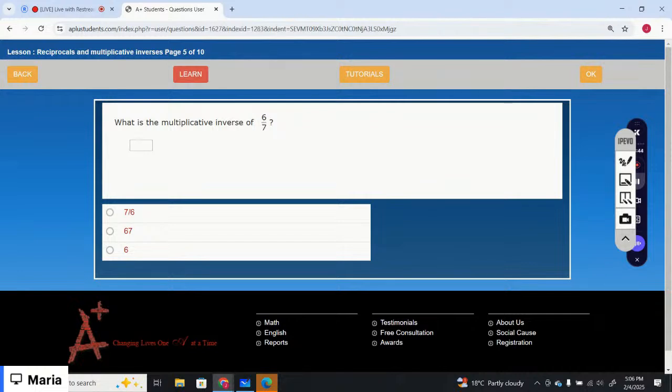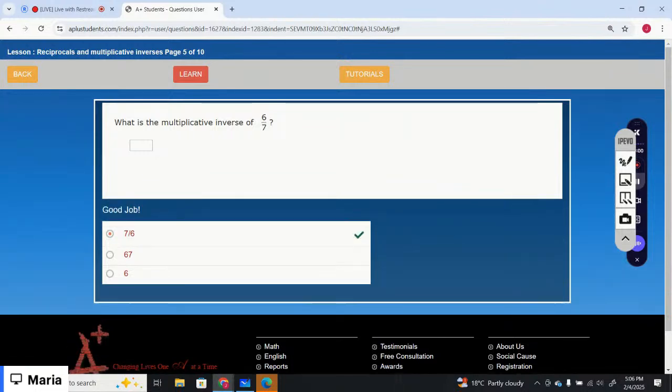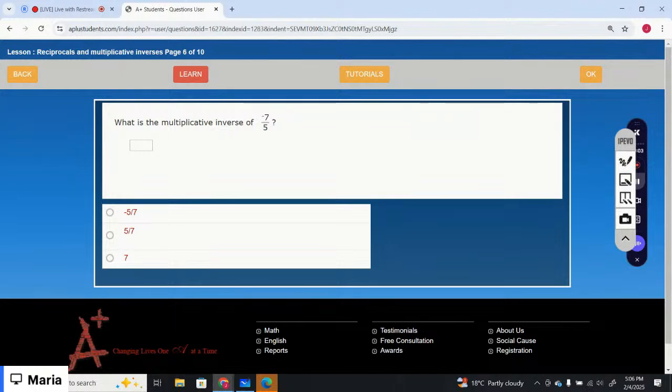What is the multiplicative inverse of 6 over 7? That is 7 over 6. What is the multiplicative inverse of negative 7 over 5? The multiplicative inverse of negative 7 over 5 is negative 5 over 7.